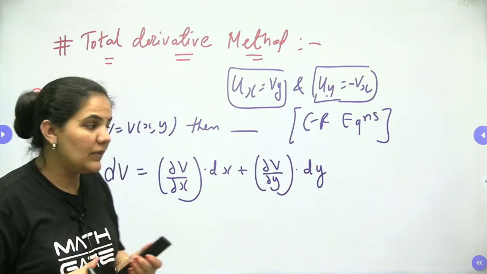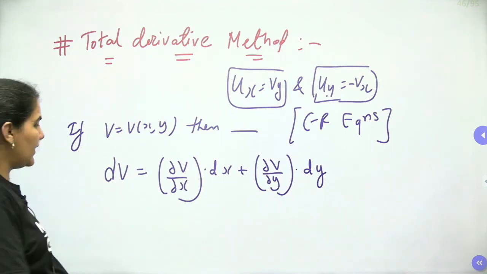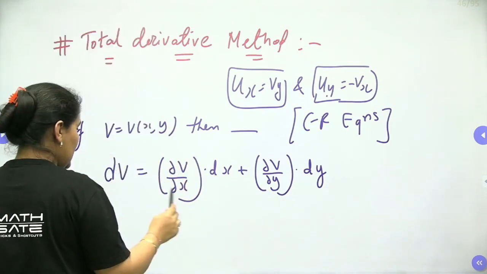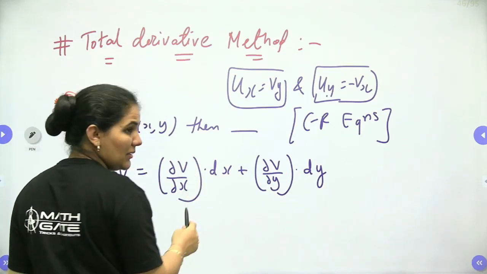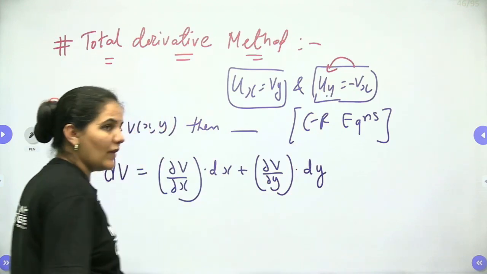Now in place of ∂v/∂x, we use the Cauchy-Riemann equation, as we know very well. In place of vx, we have to put minus uy, dear students.